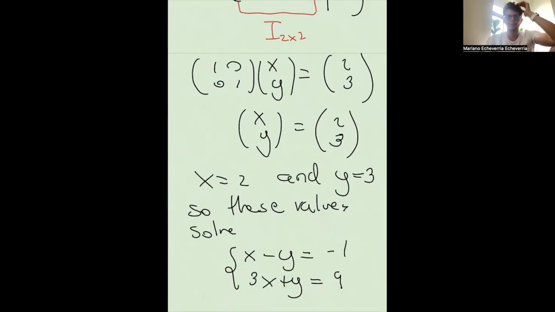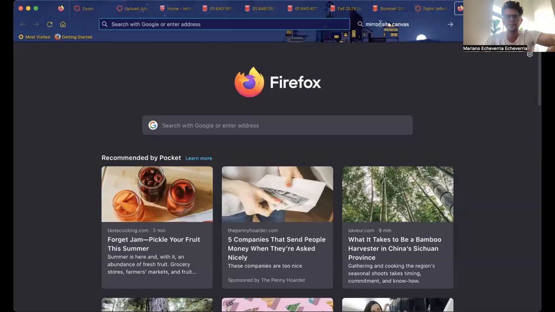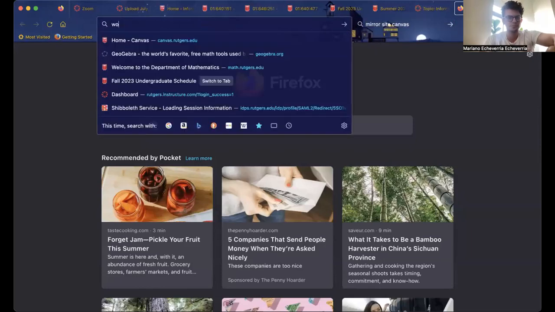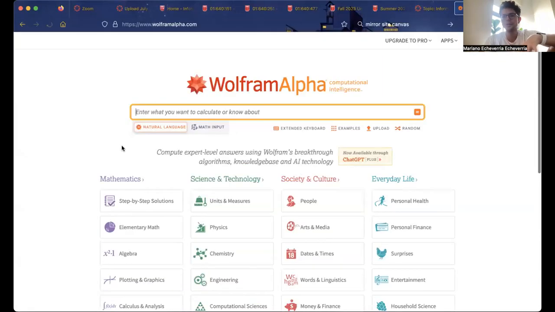Let's see if I can show you this. It's useful before we move on to the quiz. It's also useful to check Wolfram Alpha, if you have used it before. That's a good thing about linear algebra.